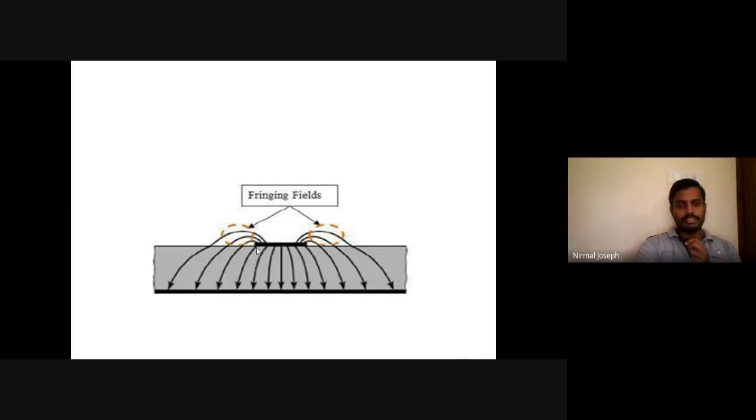That will adjust for the fringing fields, so the fringing won't be that severe. It will bend like this, and the fringing will be minimal. That is the remedy for the fringing effect. These fields are called fringing fields, which travel through the air and then enter the substrate. This is just a simple concept. Just understand that. That's all.